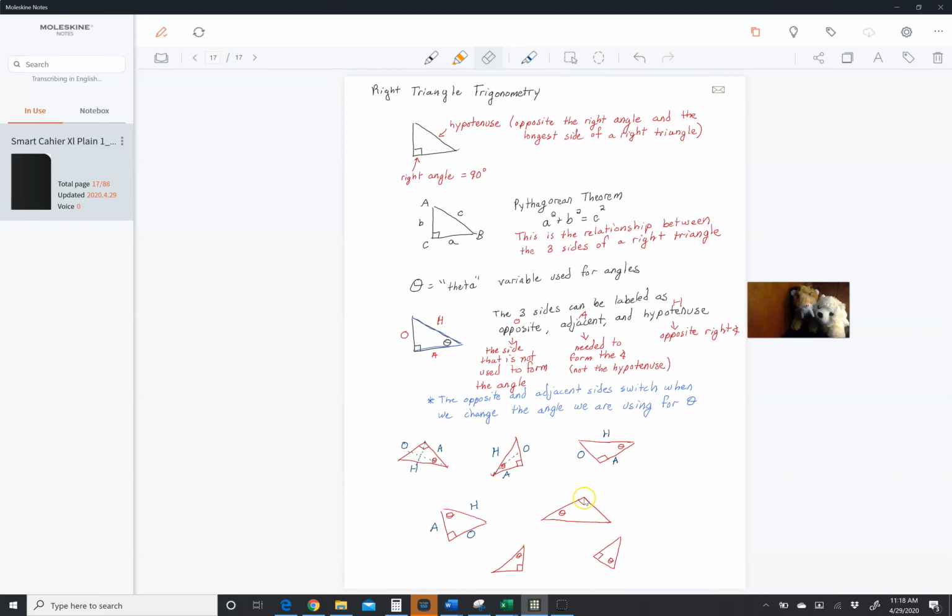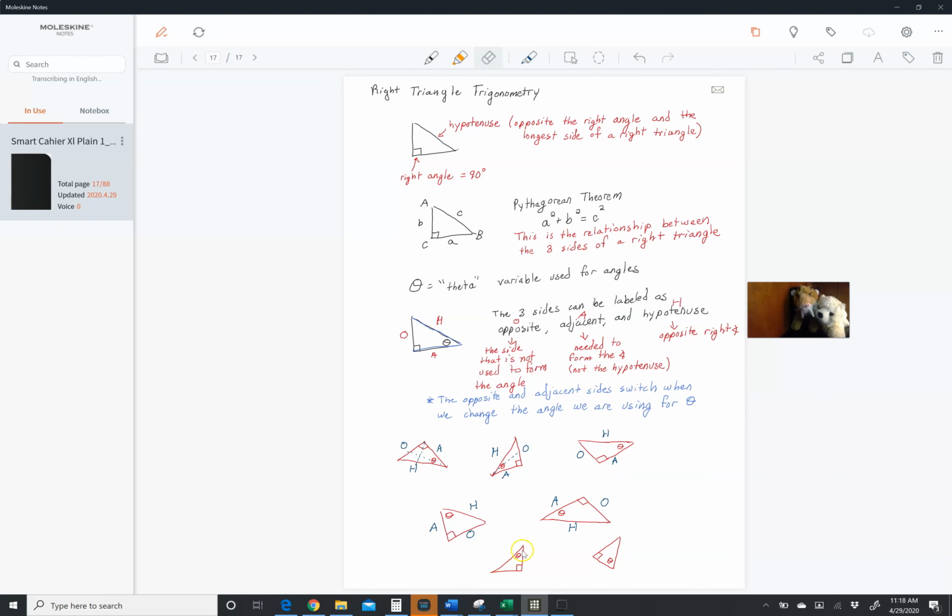Okay, in this one, the hypotenuse is across your right angle. Your adjacent is the one that's connected to both theta and your right angle. And your opposite is what's left over.